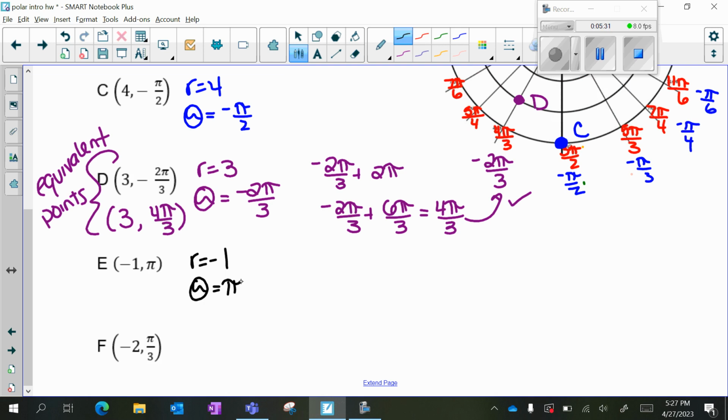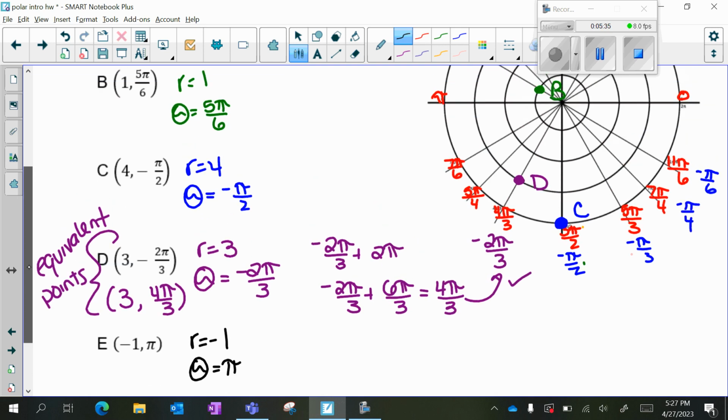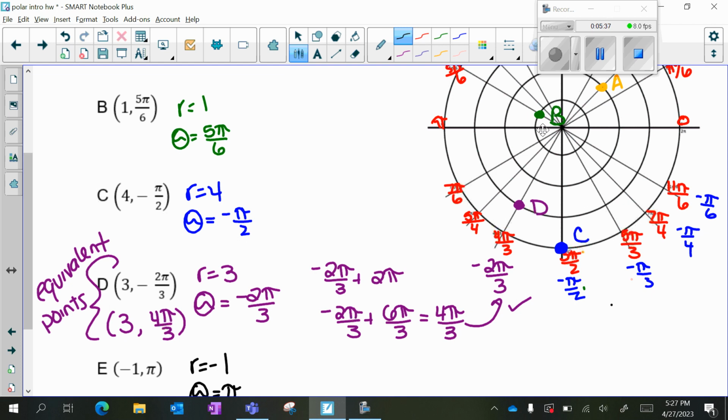Well, if you remember back to your coordinate plane, you can use your reflection rules. But here is pi. And this would be the point 1 comma pi, but it's not 1 comma pi. It's -1 comma pi. So it's over here. This is the point E, -1 comma pi, because it's a reflection.